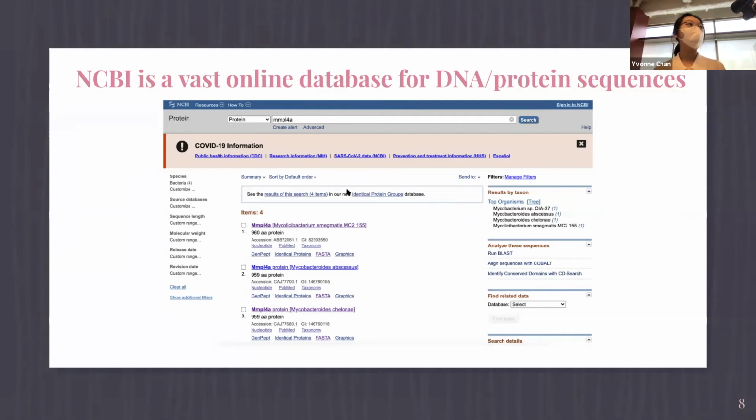For my research, I used NCBI, which is an online database for DNA and protein sequences. NCBI contains approximately 108 million DNA and protein sequences, which is a very vast number. Here, I was able to find and download 4 MMPL4A protein sequences of NTM.